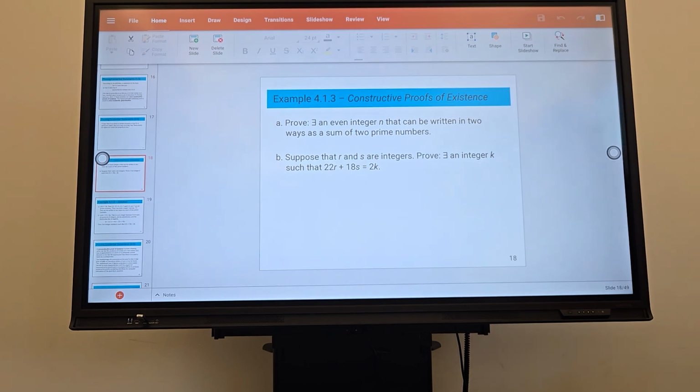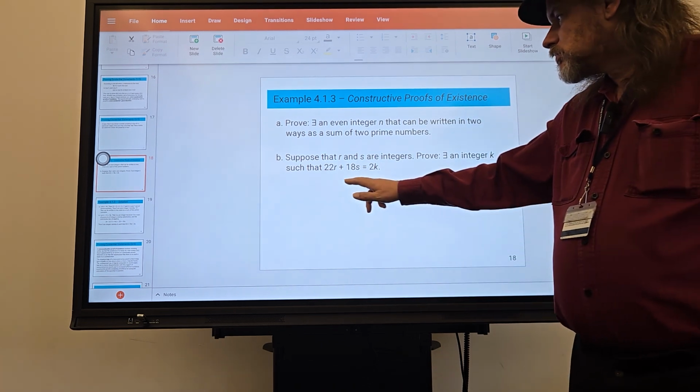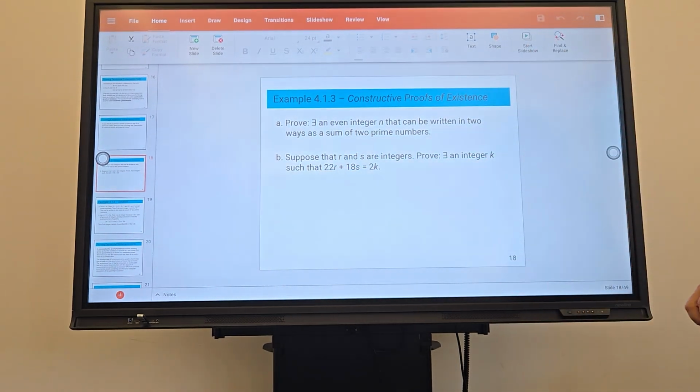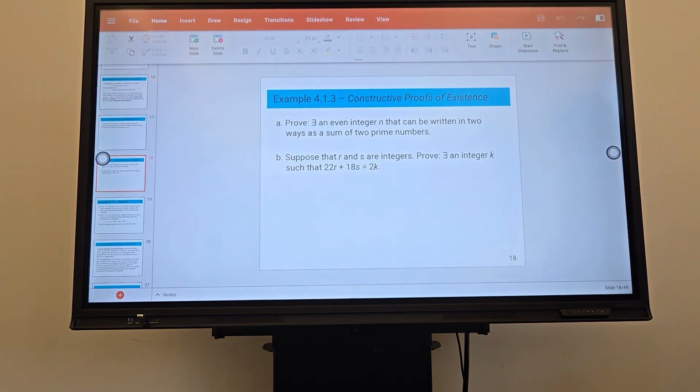K equals 11R plus 9S. Factor out the 2, divide both sides by 2.